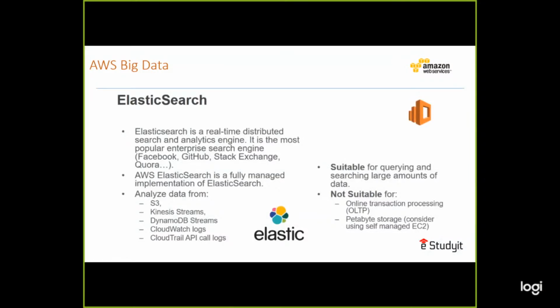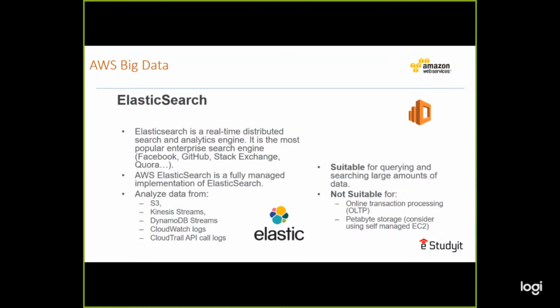It is not suitable for online transaction processing, nor for petabyte storage; consider using self-managed EC2. If you want to use EC2, it's not suitable to store large data on EC2. It has to be separate, such as S3 or DynamoDB, because in some cases we can use EC2 to store data, but the best choice, as we know, is ElastiCache for EC2.